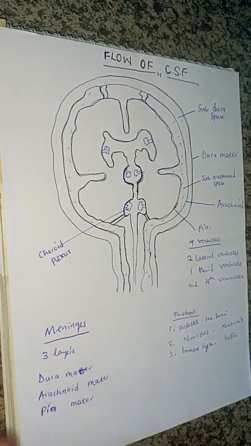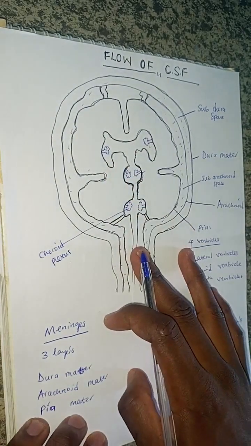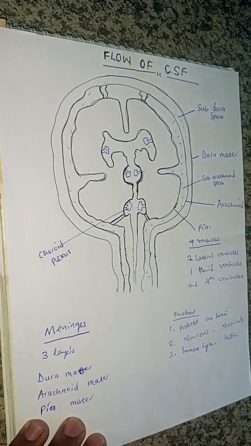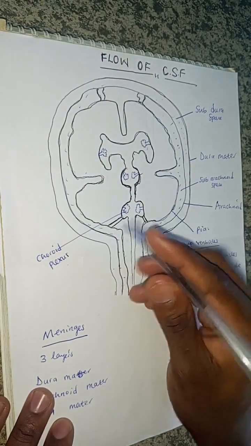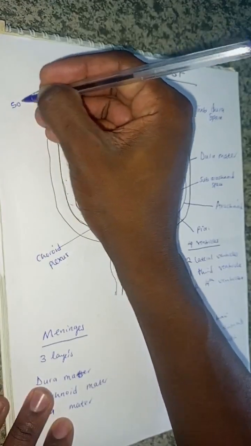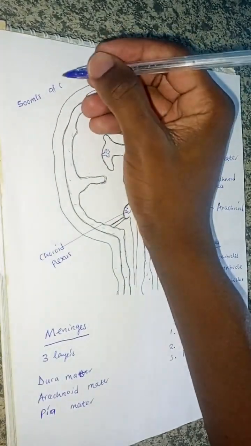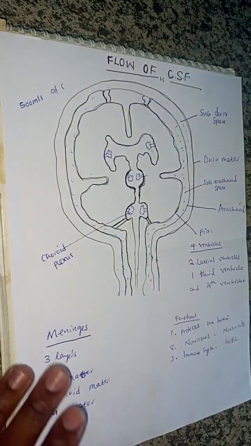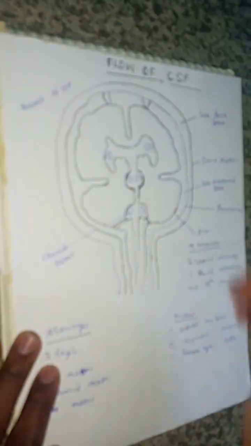They produce cerebrospinal fluid in each of these ventricles. In a day, about 500 mls of CSF is produced.